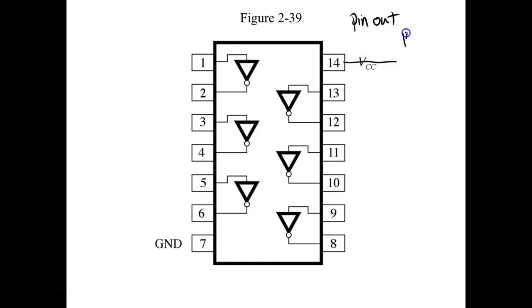By the way, in TTL, VCC is equal to 5 volts. And of course, this is going to be common. I hate that they call it ground. So there's my power source. Before this thing works, I would have to take plus 5 volts and connect it to pin 14. I would have to take my common and connect it to pin 7.